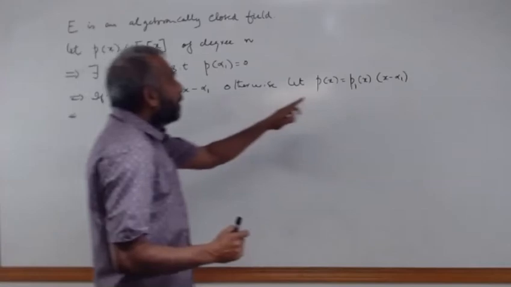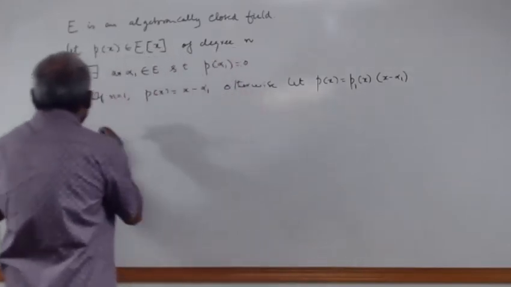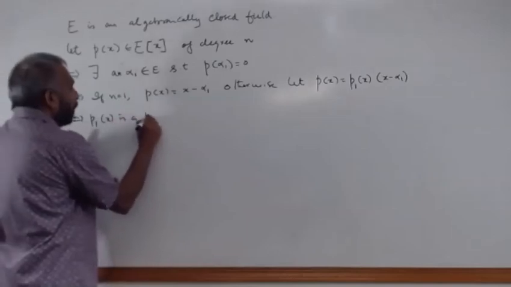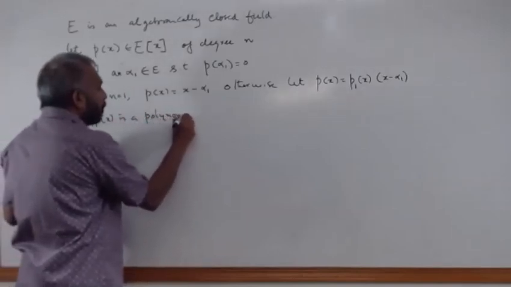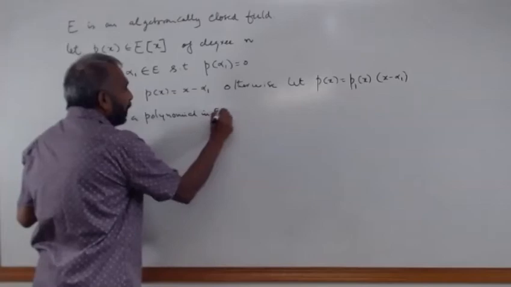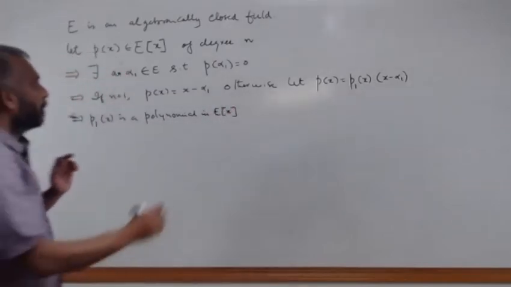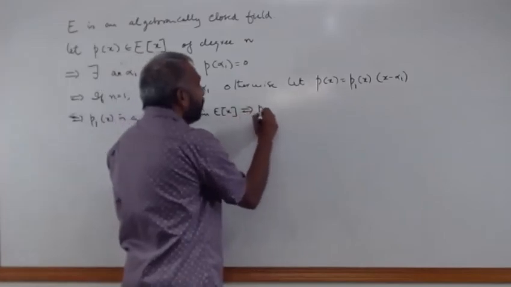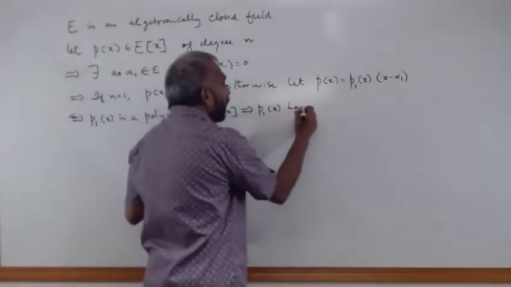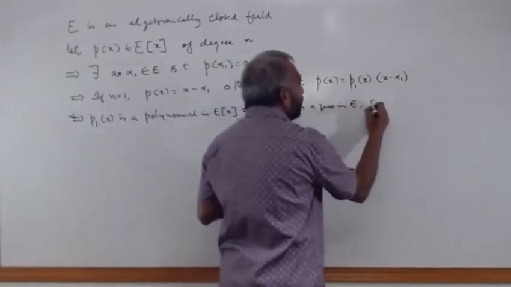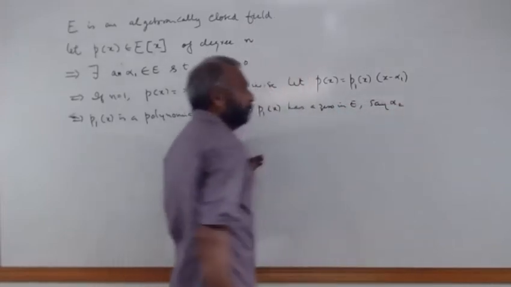And because p1 of x is a polynomial in E of x, this implies p1 of x has a 0 in E, say alpha 2.